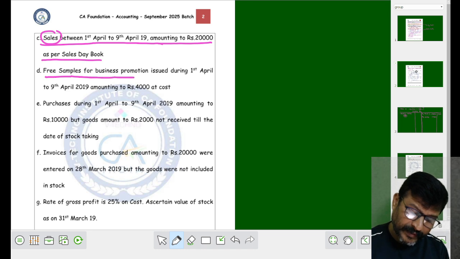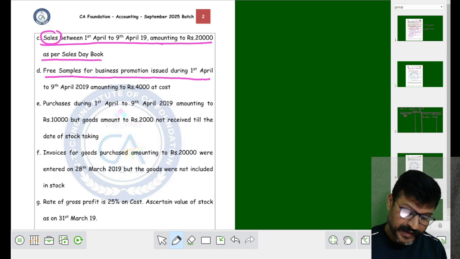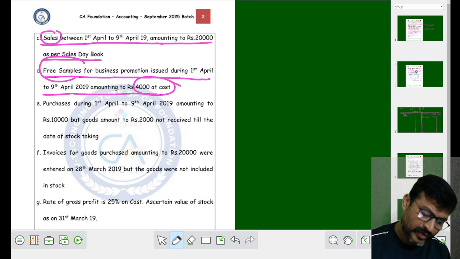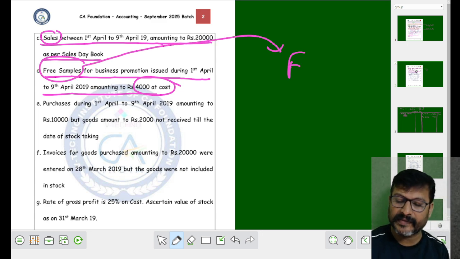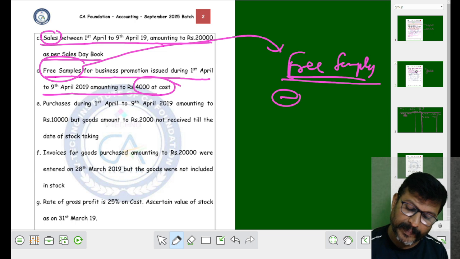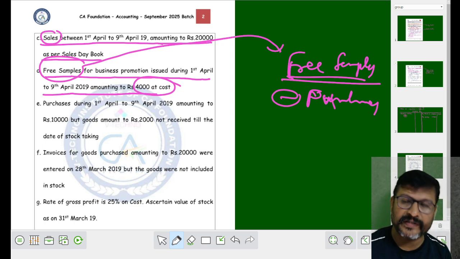Free samples for business promotion issued on 1st April 2019 to 9th April 19 amounted to rupees 4,000 at cost. My dear students, what is it? Free samples. Do you know what to do with the free samples? Free samples are to be subtracted from what? Purchases.